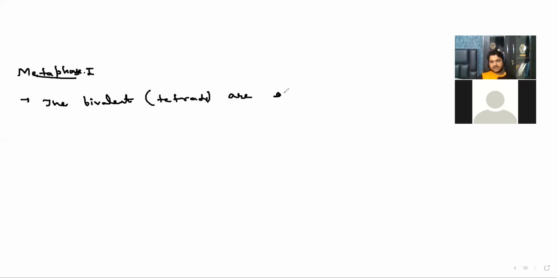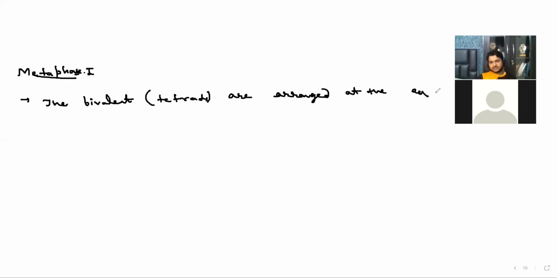Now after prophase one, we have metaphase one. What is actually happening in metaphase one? All the tetrads you just saw, the bivalents, are arranged at the equator.